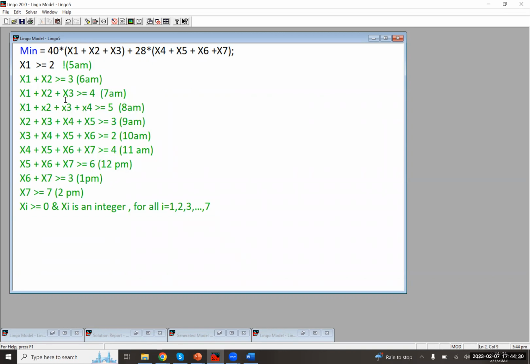So you have to make sure even the comment is ended with a semicolon.